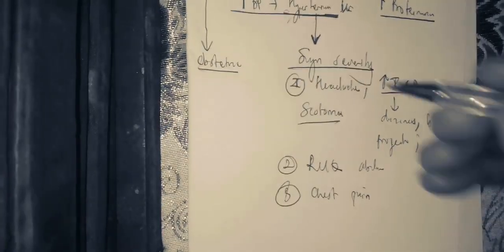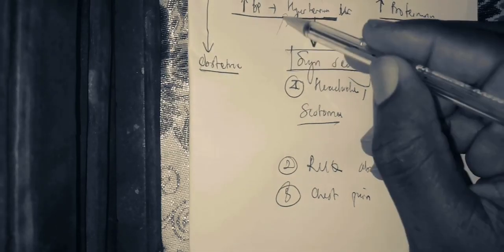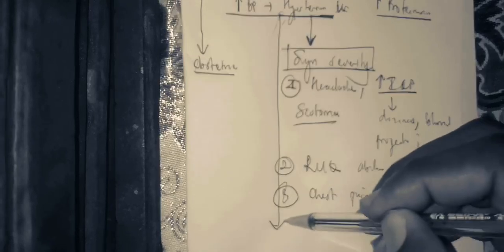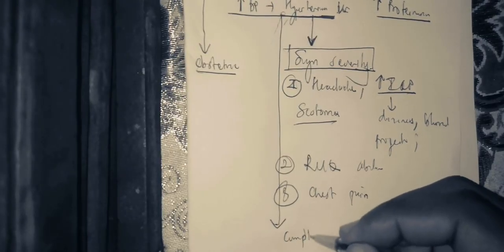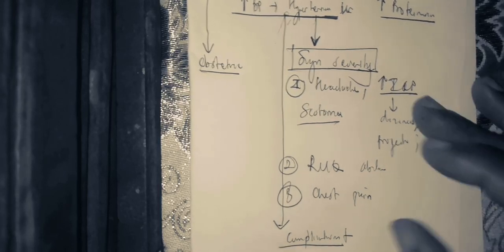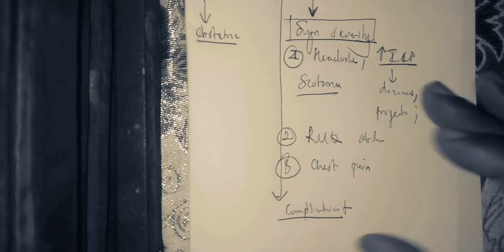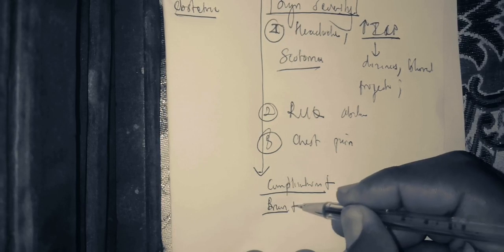Is it clear? Now, after having these signs of severity, if anything is not done, the patient is now going to have complications related to the hypertension of the preeclampsia. Is it clear? And what are the complications related to hypertension? The first organ that can be damaged is the brain. Is it clear?